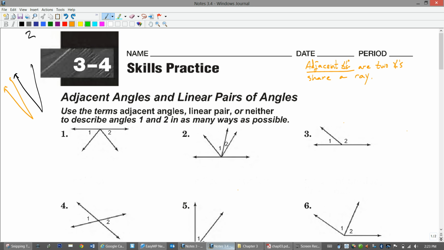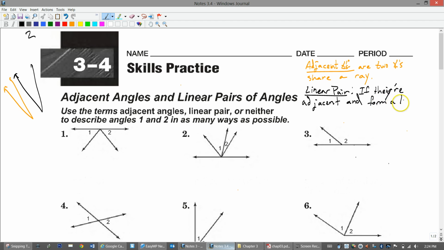And then linear pair. Two angles are a linear pair. By the way, pair meaning two, linear meaning line. If they're adjacent and form a line, okay, that's kind of layman's terms.